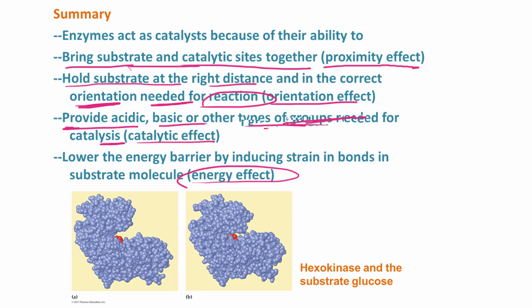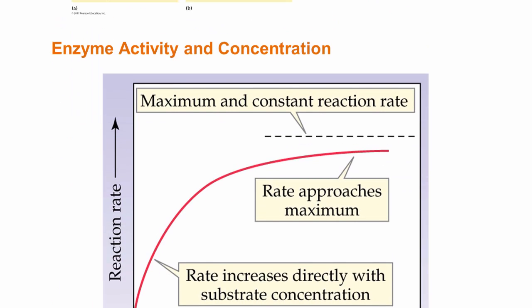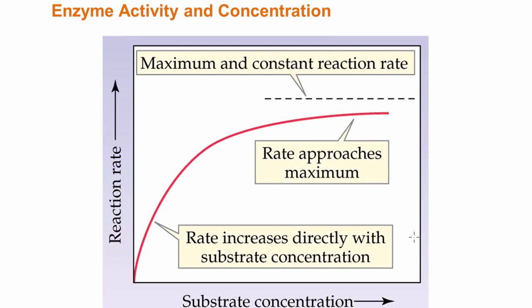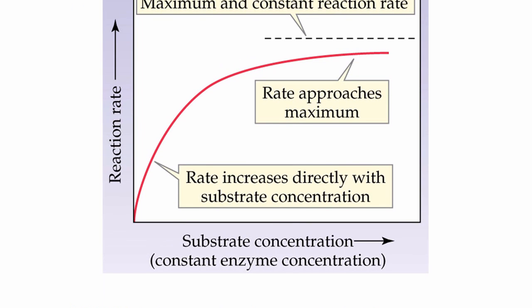Let's go on now and talk about enzyme activity and concentration. If we were to plot reaction rate as a function of substrate concentration, what we see is at low substrate concentration, the reaction rate is directly proportional to the substrate concentration.